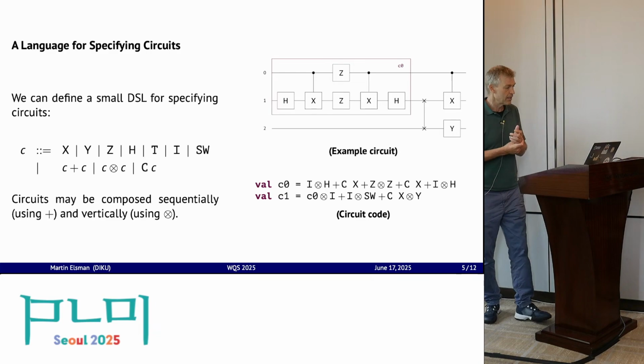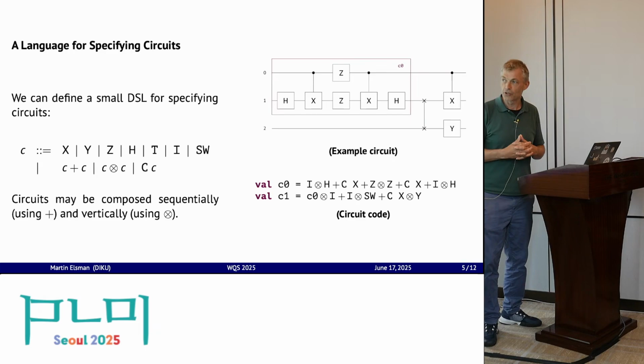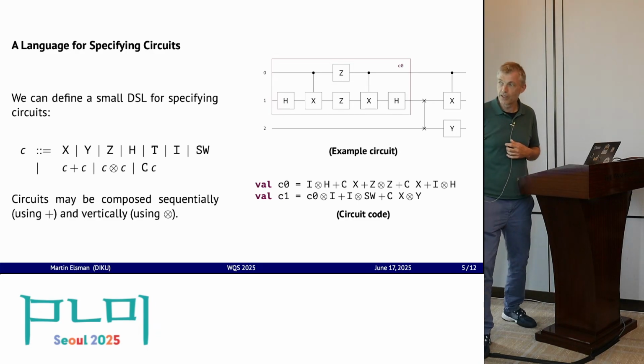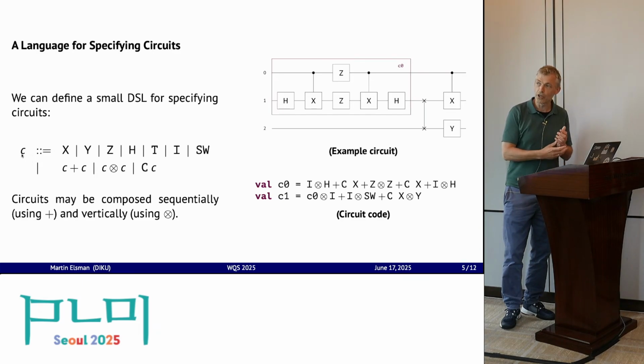And we can then write a small language, a DSL, for specifying circuits in a functional language, for instance. Here we see how different circuits can be written using the base gates, syntax for those, the swap gate, which works on 2 qubits, and then we can compose circuits in sequence.